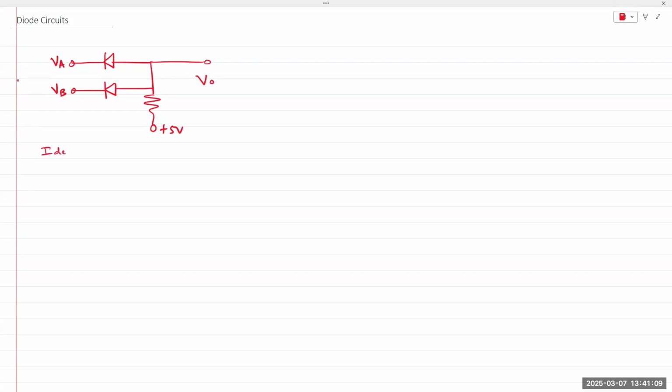Same conditions, ideal diode. VA and VB can take on 0 volts or 5 volts. Determine VO for all possible combinations of VA and VB.